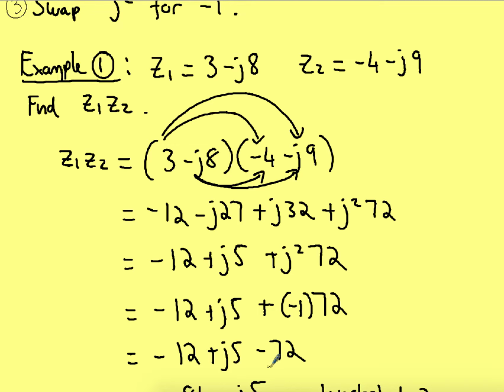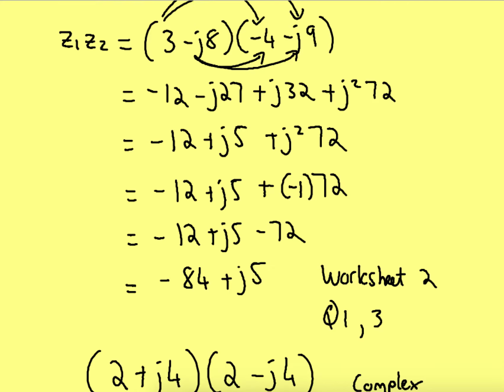If it's a takeaway, it becomes a plus. Or you can just show the working by substituting in the -1. Whatever you are more comfortable with. Then we can collect the -12 and the -72 together, and we get -84 plus j5. And that means now you're able to do questions 1 and 3 on worksheet 2.